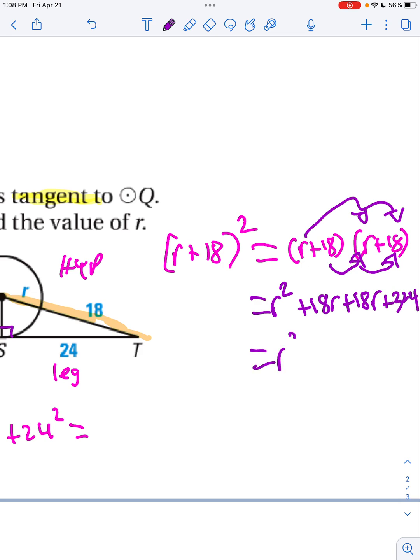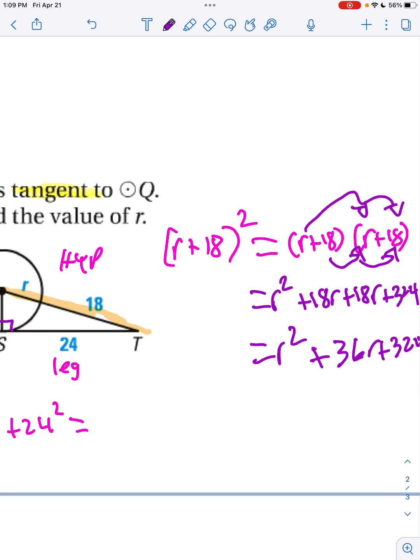So I'm going to be left with r squared plus, I have to combine like terms, 36r plus 324. Ran out of room there.